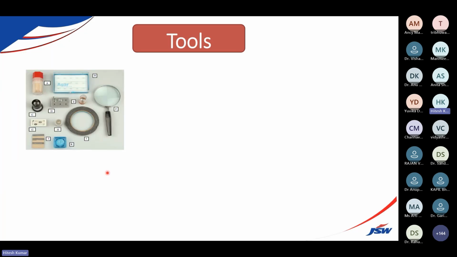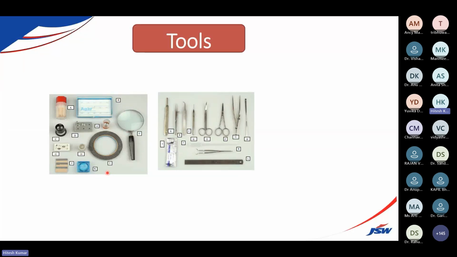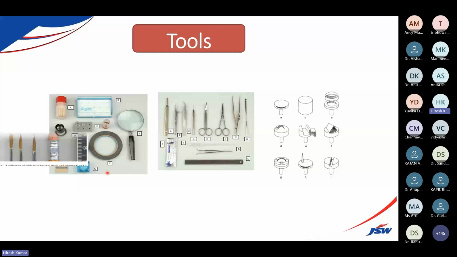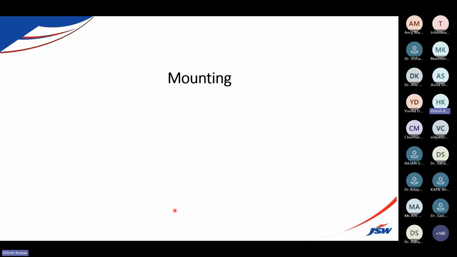So these are the different tools which we usually have with our SEM, and these are the tools used during sample preparation also. Let's suppose you have a powder sample, so how can that powder sample be mounted?